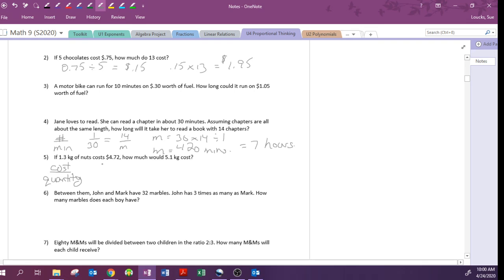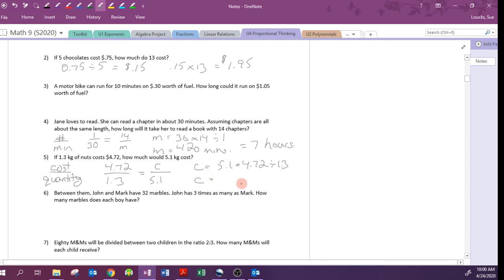Why not? Okay. So the cost here is $4.72 for 1.3 kilograms, and we want to know how much is the cost, that's supposed to be a C, for 5.1 kilograms. So C equals 5.1 times 4.72 divided by 1.3.